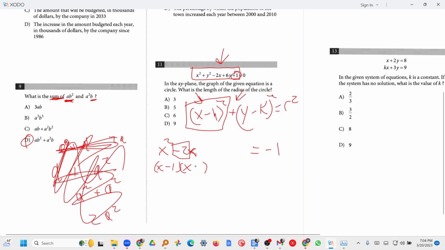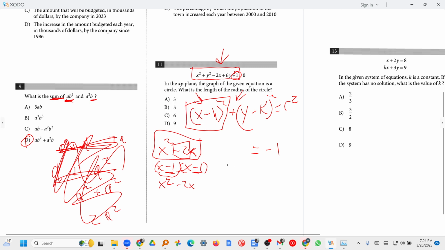So negative 1, negative 1. That way when I FOIL, x times x is x squared, and then negative 1x plus negative 1x equals negative 2x. Yay, I just made x squared minus 2x. However, I've also made negative 1 times negative 1, so there's a positive 1 in there.